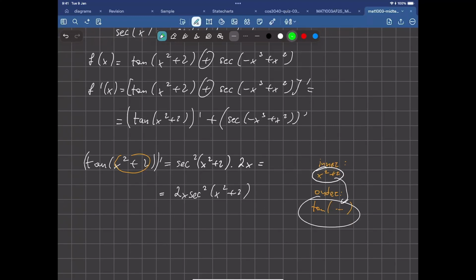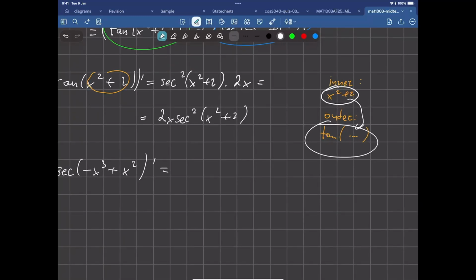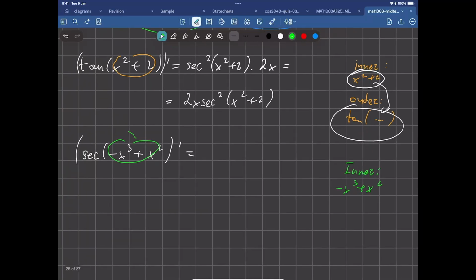But don't forget that this is only the first part. Now we need to calculate the second part. So that's the derivative of secant of minus x cubed plus x squared. Once again, we have an inner function, so the inner function is minus x cubed plus x squared, and this we plug into an outer function, which is secant of that whole thing, okay?